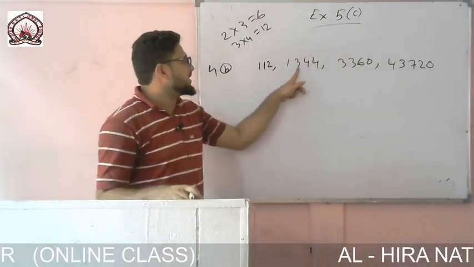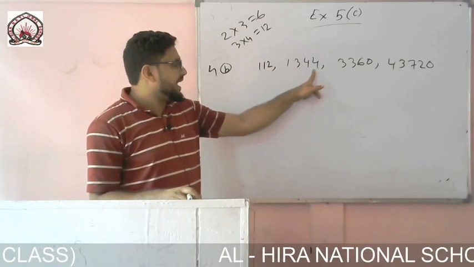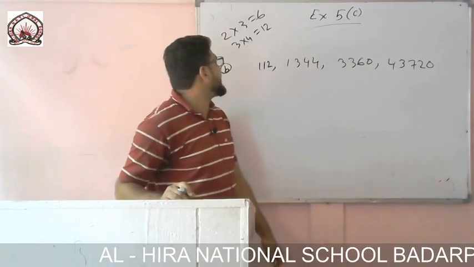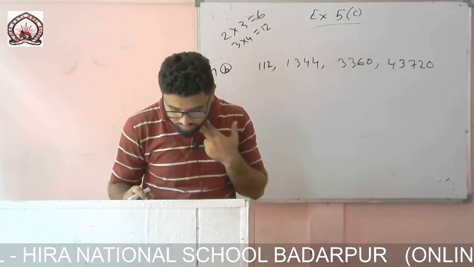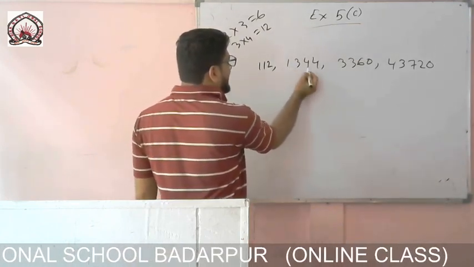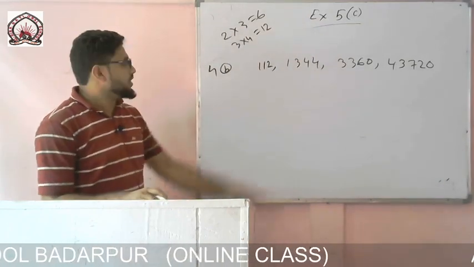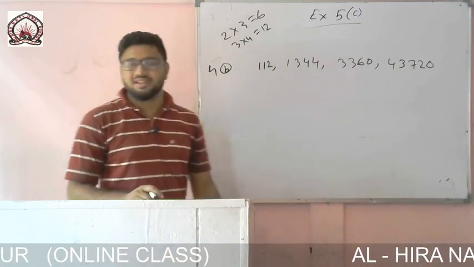Come to that one. 3 plus 1 is 4, 4 plus 4 is 8, 8 plus 4 is 12. So this number is divisible by 3.